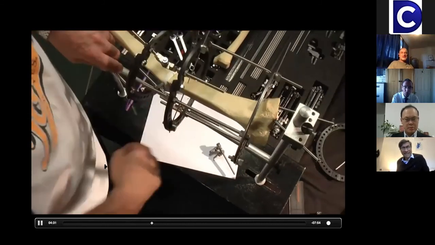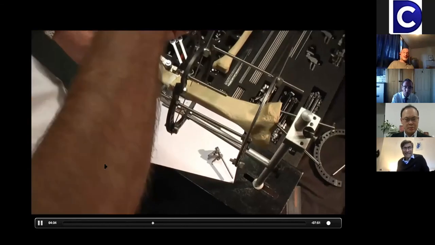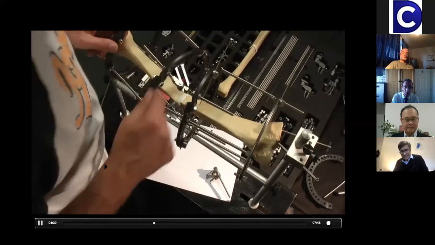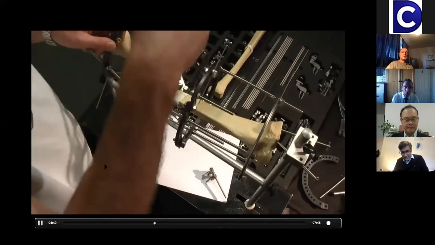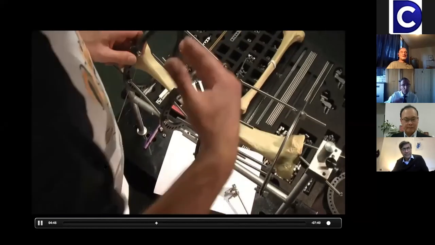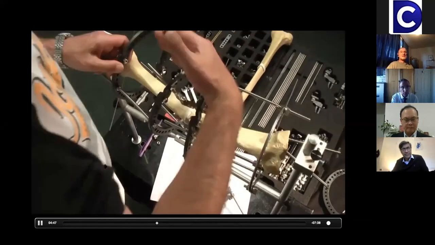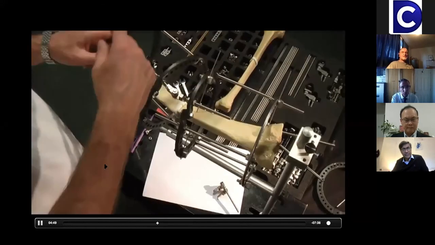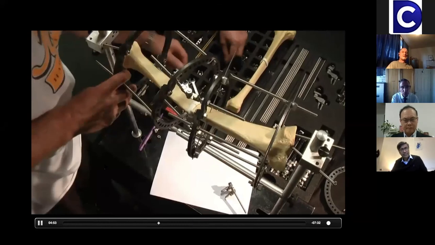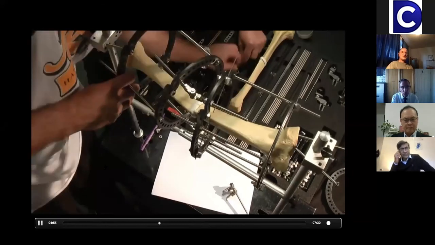But I think that the great joy of doing it this way is it proves to you that your planning and your trigonometry or your algebra or however you've done your planning, if you have planned everything correctly so far, once you've got these hinges joined together, you should have a frame which exactly corresponds to the deformity you have in the bone.